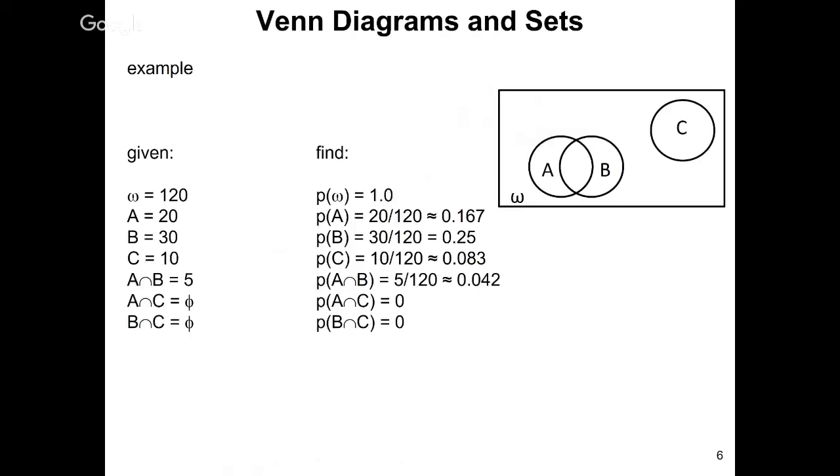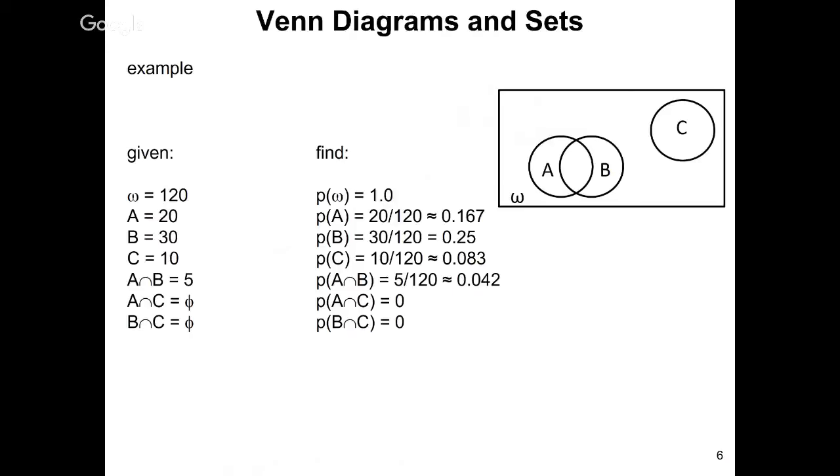A is 20, B is 30, C is 10. And the overlap between these two, maybe I should have drawn them with an overlap. So 30. And again, if we were thinking of this as on the board, it could be square inches. But we're given this value, and that is 5.